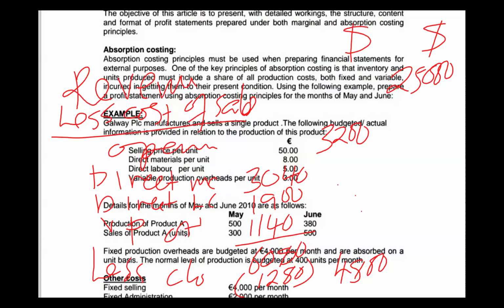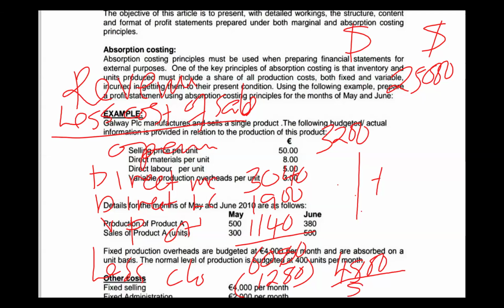We are subtracting the closing inventory from the costs. Yes, it's 4800. So you should add the opening inventory. When you add, it's giving me 8,000.